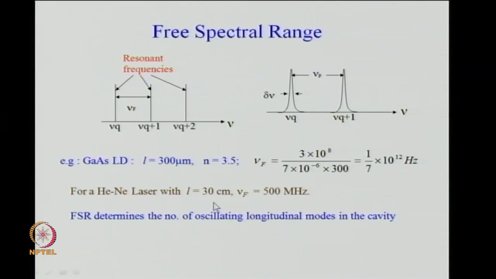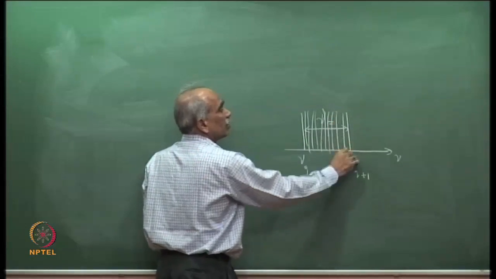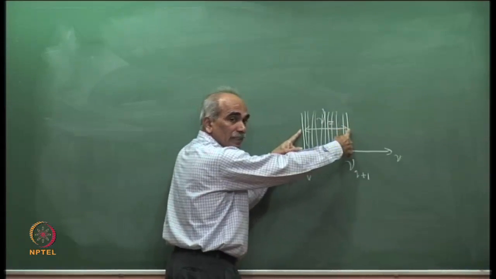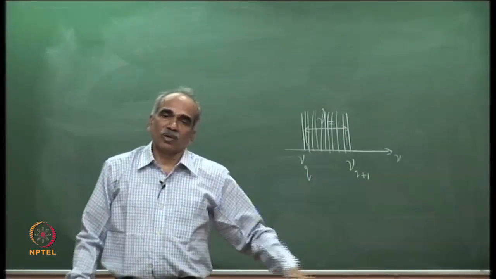For a helium neon laser, the common laser, L is very large, 30 centimeters here, and nu f is 500 megahertz, very small, which means within this frequency range there are a large number of allowed frequencies. If this was the nu f for a laser diode, for a helium neon laser there would be a very large number of them.